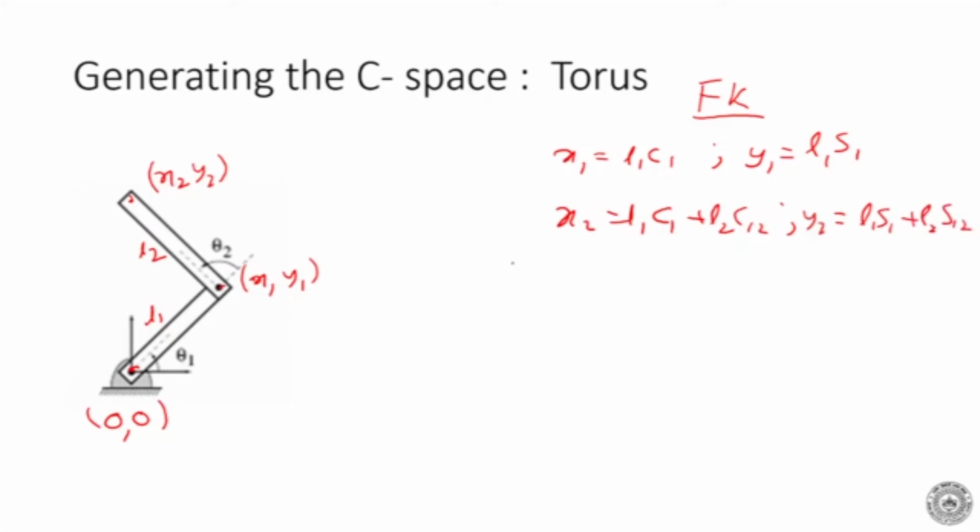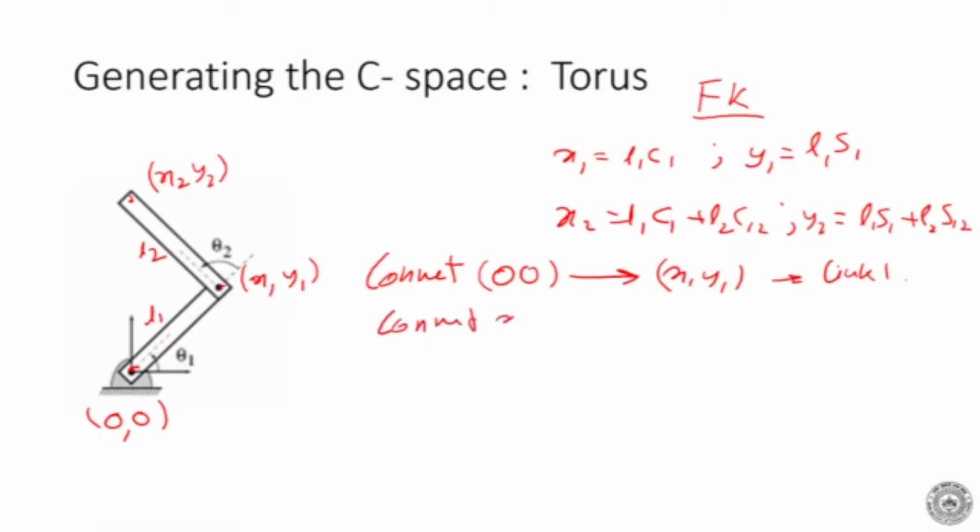So I've got these points, the coordinates of the points. The origin is 0, 0. So if I connect 0, 0 with x1, y1, this is actually my link 1, right? And if I connect x1, y1 with x2, y2, this is my link 2, right?